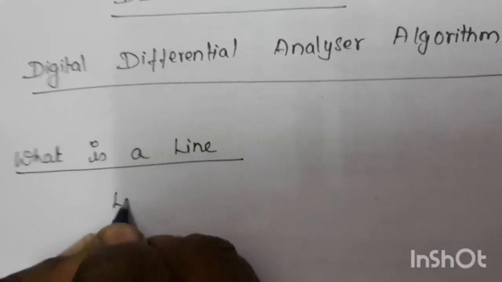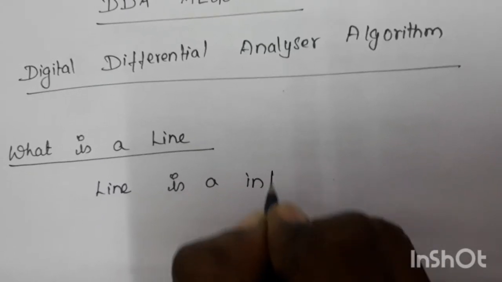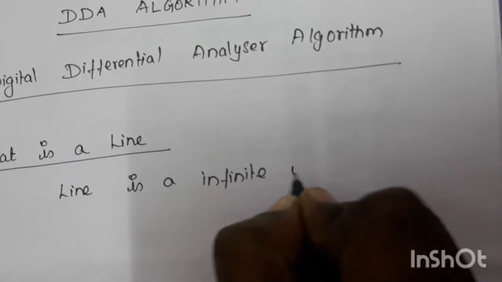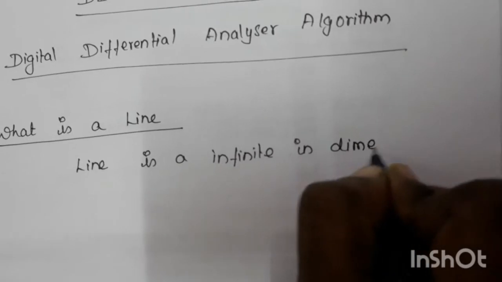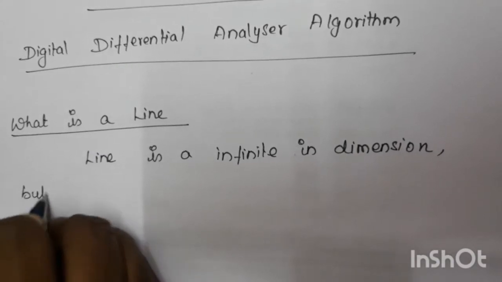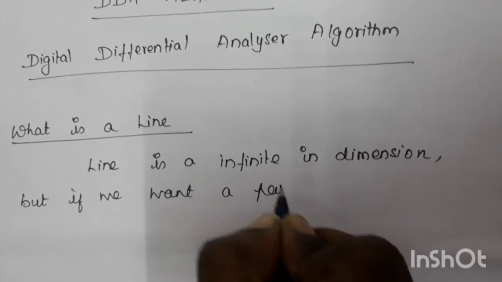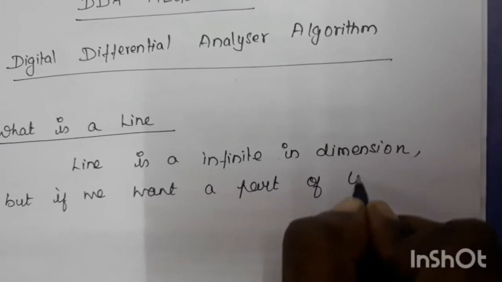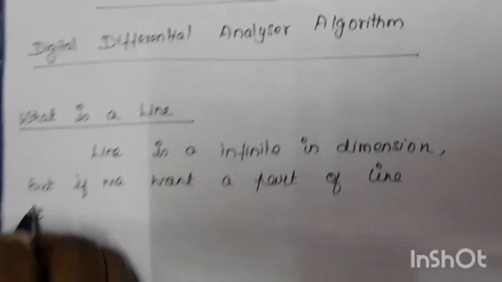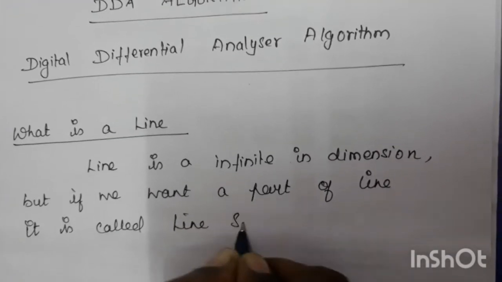A line is infinite in dimension, but if we want a part of a line, this is called a line segment.